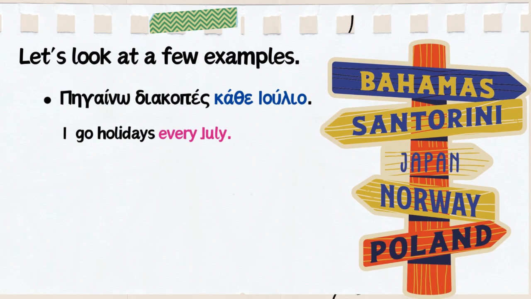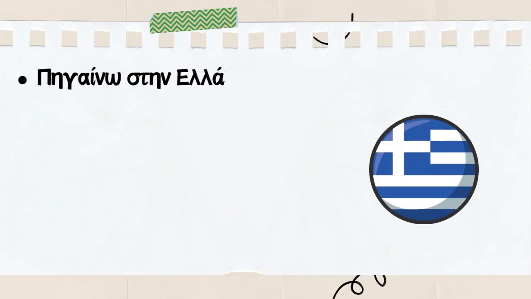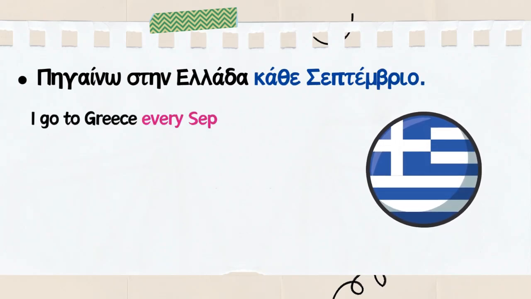Every July, and the word July in accusative. Πηγαίνω στην Ελλάδα κάθε Σεπτέμβριο. Every September. The word September is in accusative.